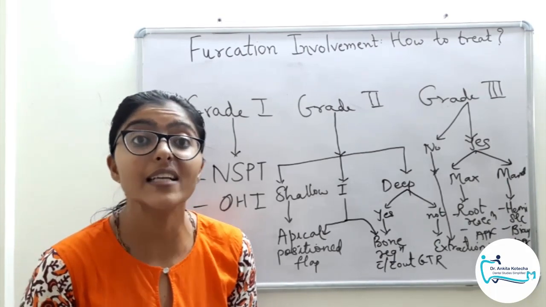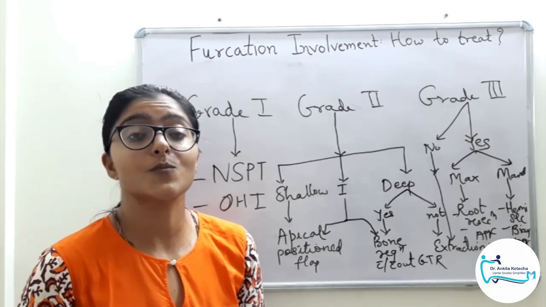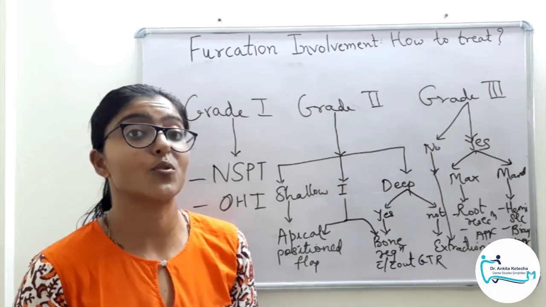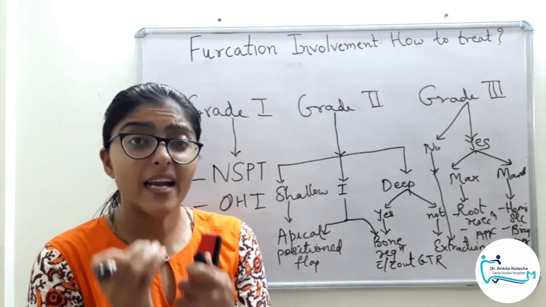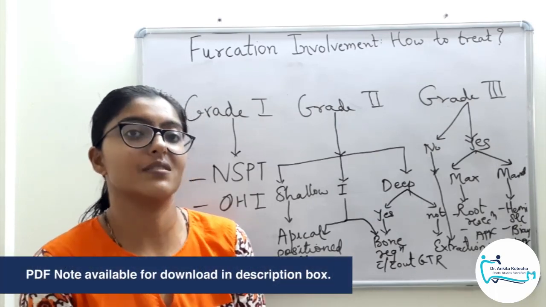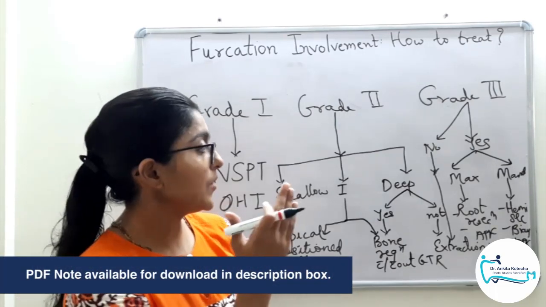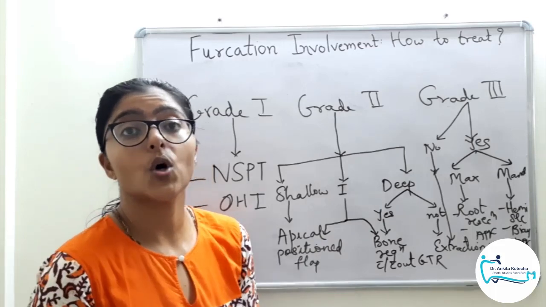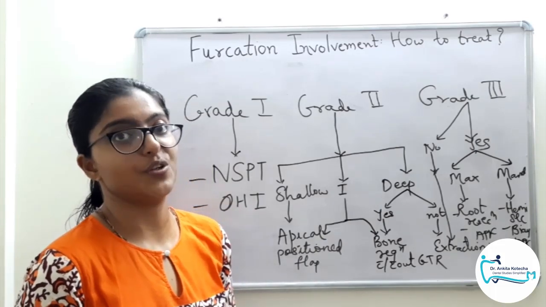Yes, you heard that right. The patient is mainly responsible to carry forward, or at least maintain, the prognosis that we had assessed for this case. Yes. This completes the topic, decision making on how to treat the furcation involvement.